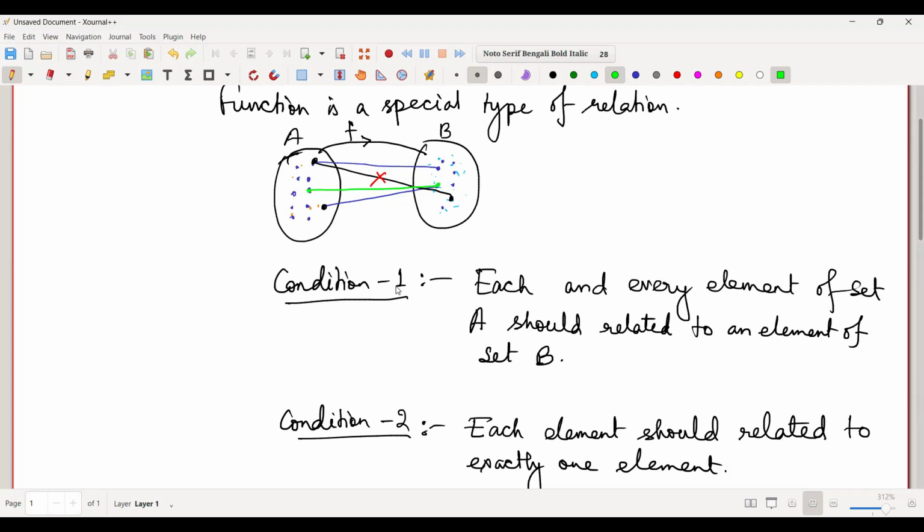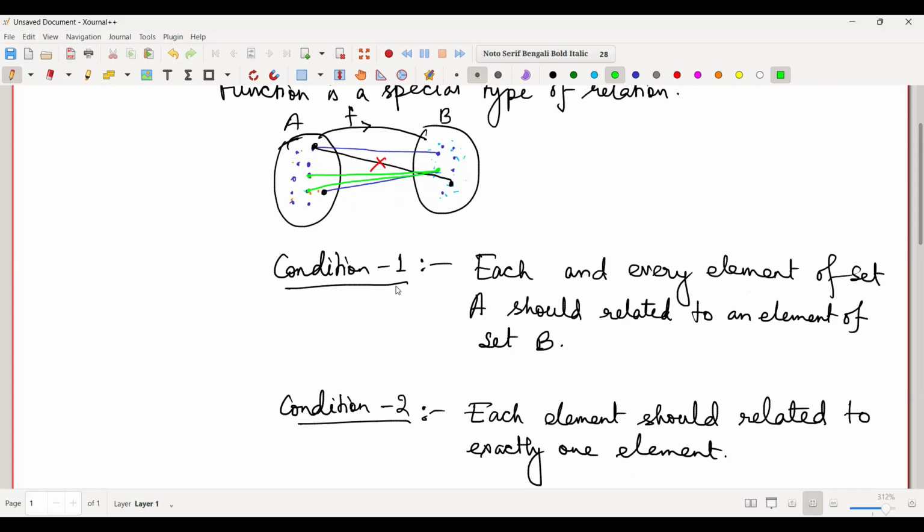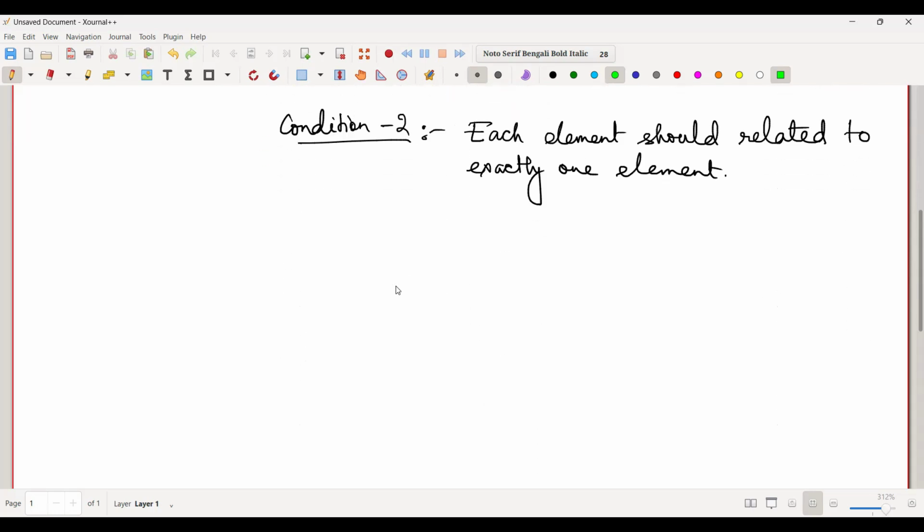Any other element can also map to this element. So when f is a function, we call A the domain and B the codomain, and the set f(A) is called the range.